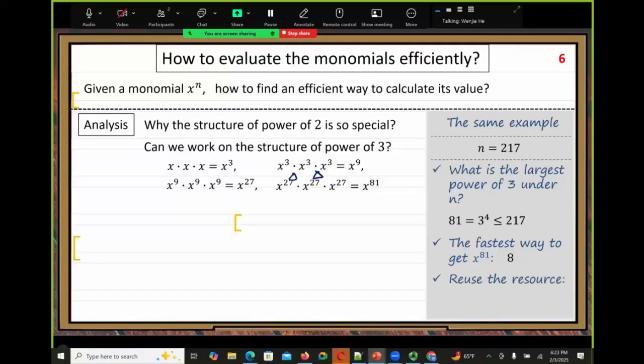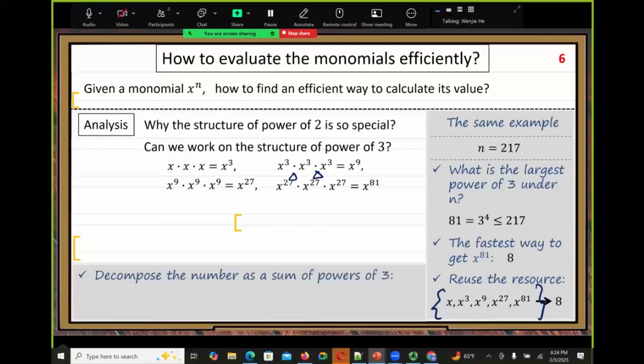That's 8 multiplications. 1 cube, 2 dots, 2 multiplications. So reuse the resource. This is your resource pool. You can reuse them.